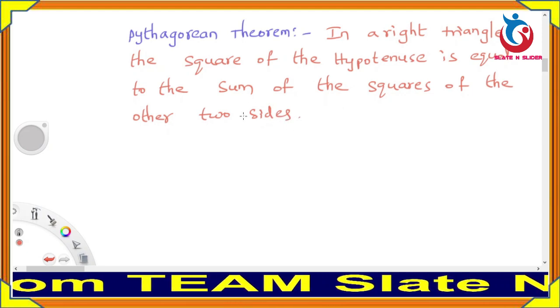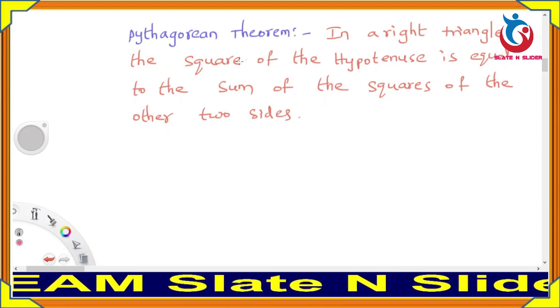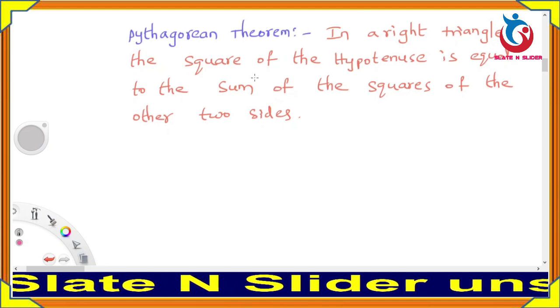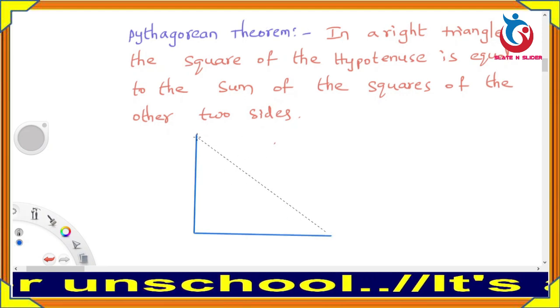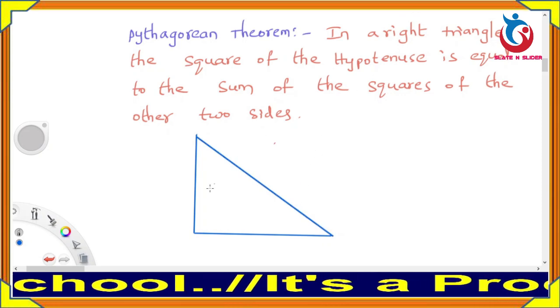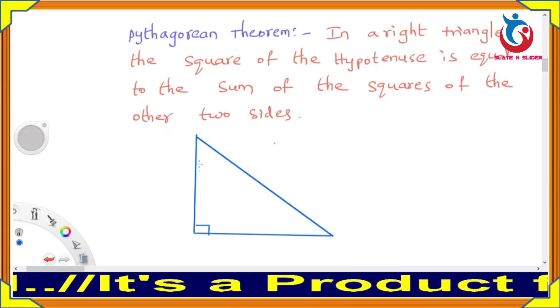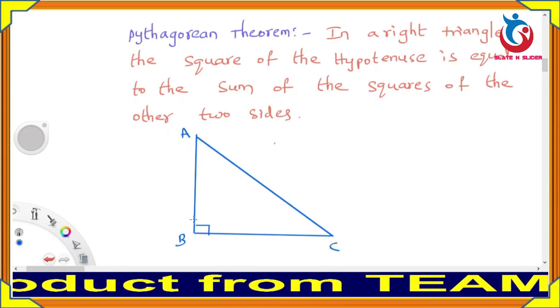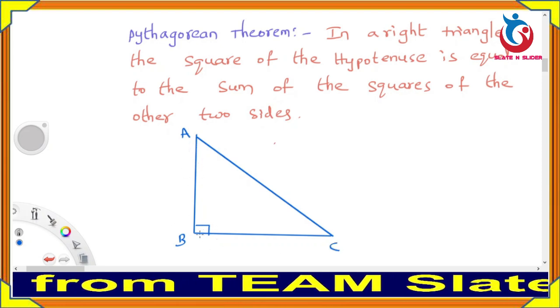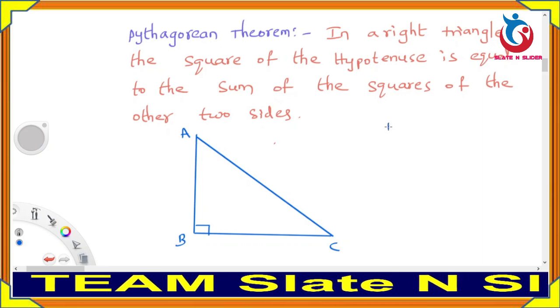So this is applicable in the right triangle. Suppose you want to draw a right triangle, then it will be like this. Here we get the right angle triangle ABC and hypotenuse. The side opposite to 90 degrees is called the hypotenuse. So angle B is 90 degrees.